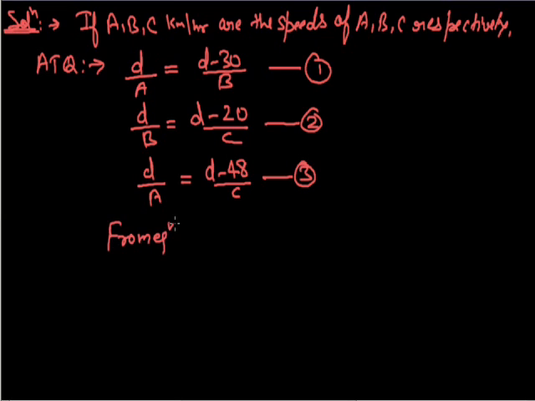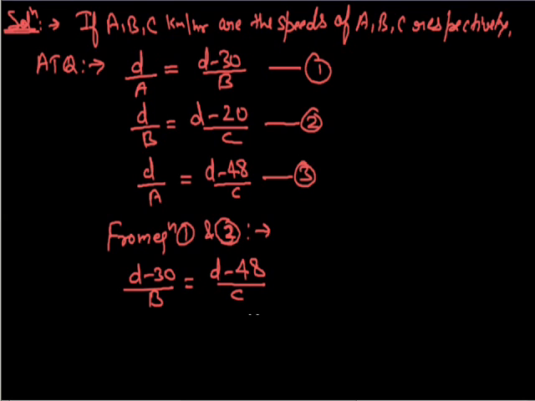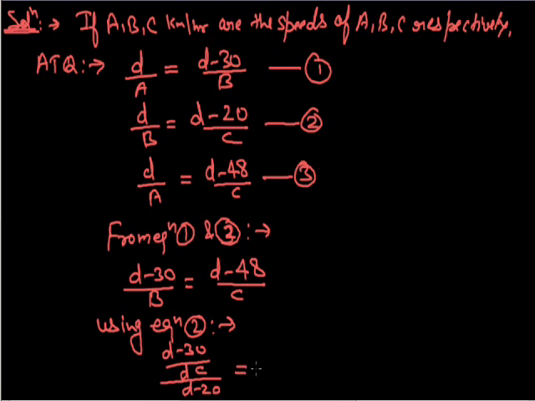From equation 1 and 2, we may have (D minus 30) upon B is equal to (D minus 48) upon C. From equation 1 and 3, (D minus 48) upon C. Now again using equation 2, we have (D minus 30) upon B, whole upon (D minus 20), is equal to (D minus 48) upon C. By further solving it, we may have (D minus 30) into (D minus 20) is equal to D into (D minus 48).